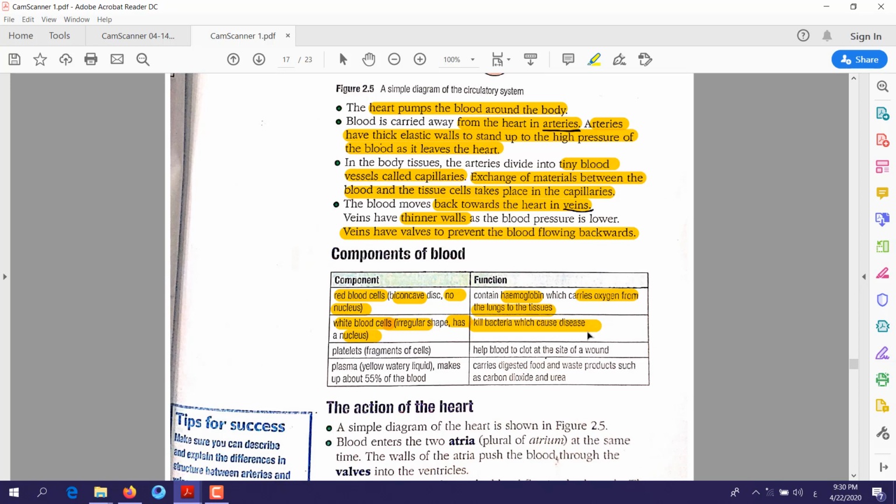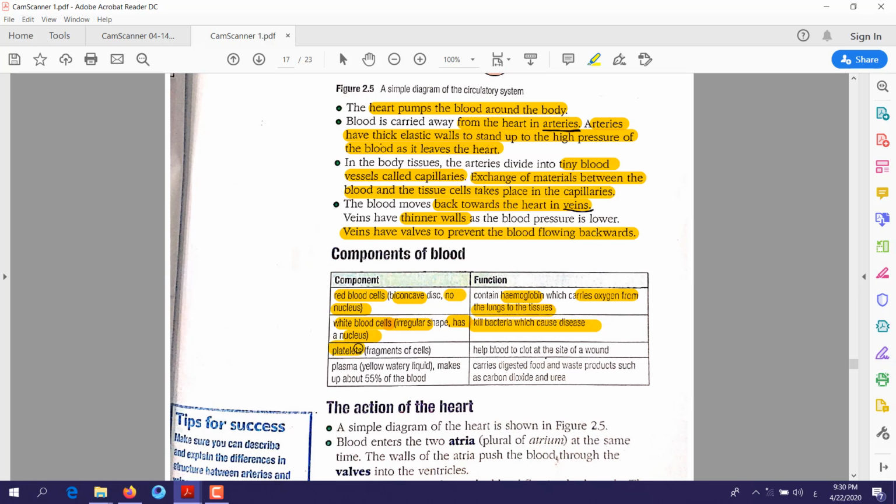Then red blood cells have no nucleus, while white blood cells have a nucleus. Then the function of red blood cells is to carry oxygen to the body tissues, while the main function of white blood cells is to defend our body, so they kill bacteria and some microorganisms.